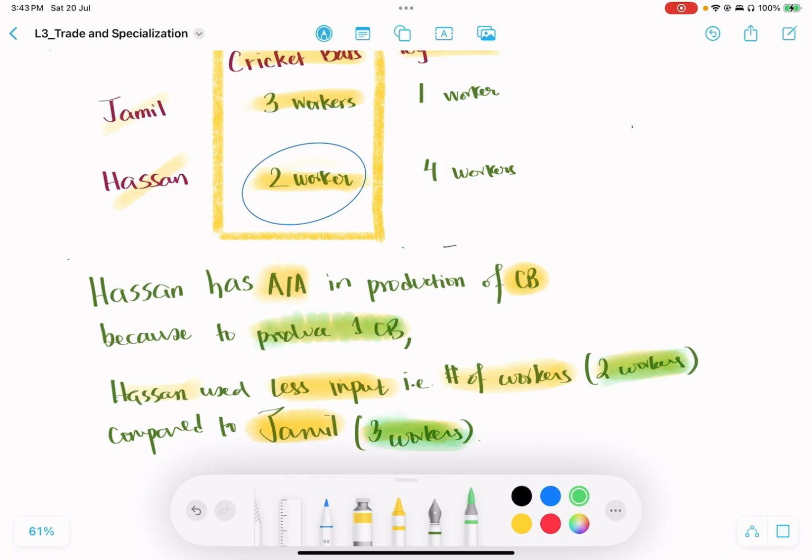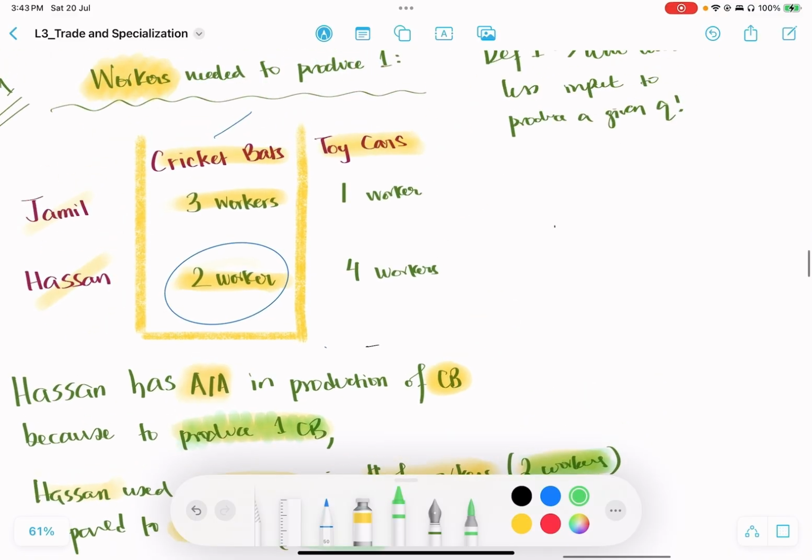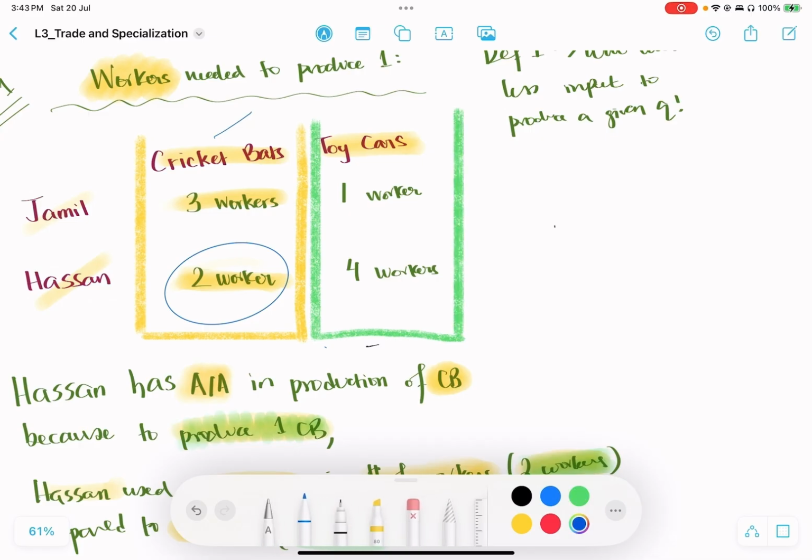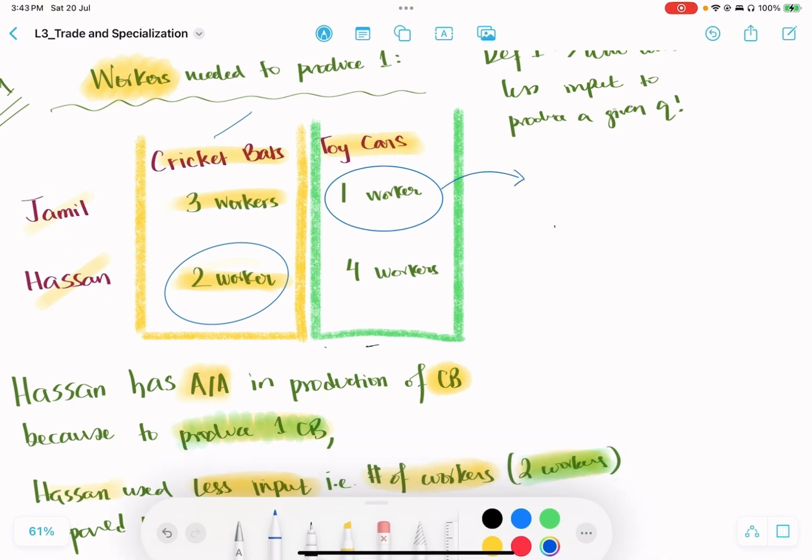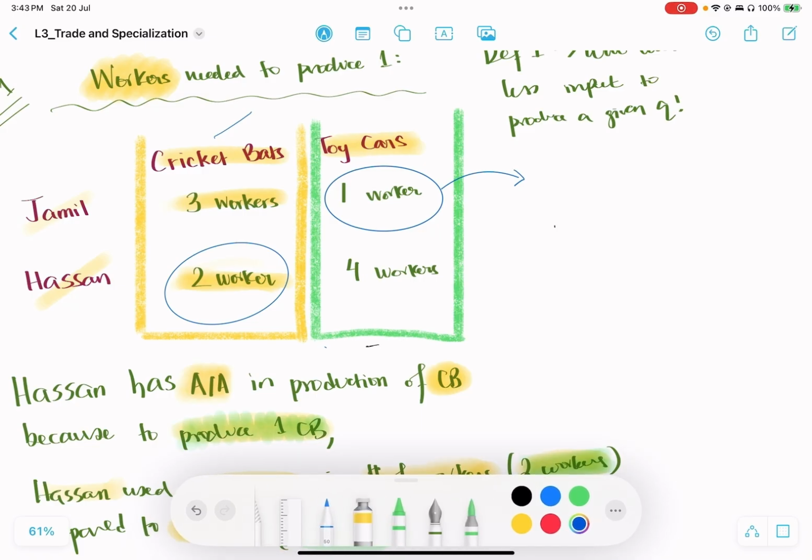Now let's just repeat this for toy cars. The question now is, who's got the absolute advantage when it comes to producing toy cars? Once again, let's use the circling method. Who is using less input here? Clearly Jamil. So it is Jamil who has the absolute advantage when it comes to producing toy cars. Let's formally write that up.